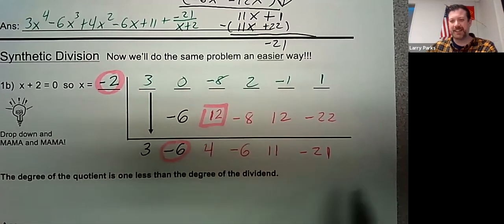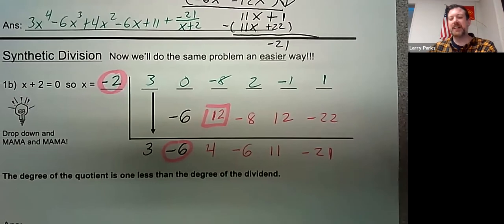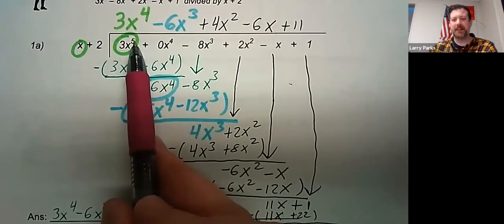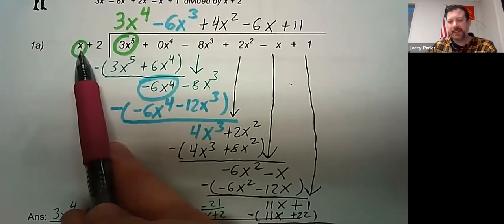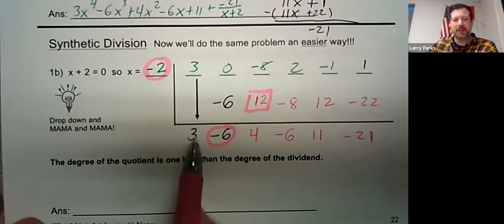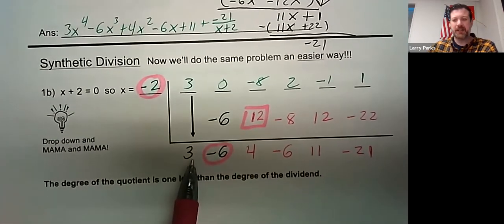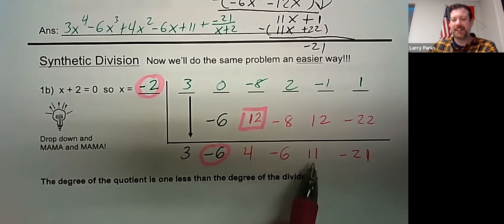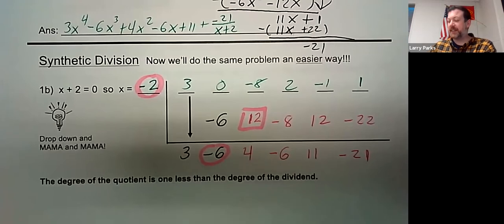This was way easier. The thing you need to remember is if you start off with the 5th power and you divide out an x, that's going to drop us down to the 4th power. So this number is going to be 3x to the 4th, and then that's the cubed, that's the square, that's the x, and then that's your remainder. Now we can write the answer.